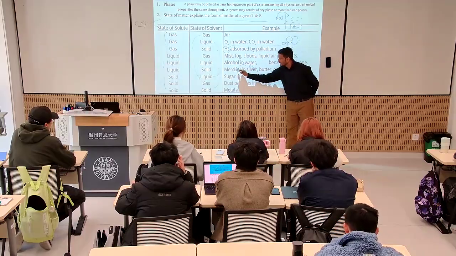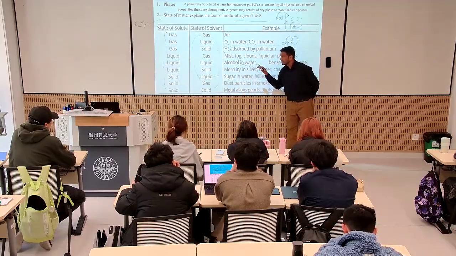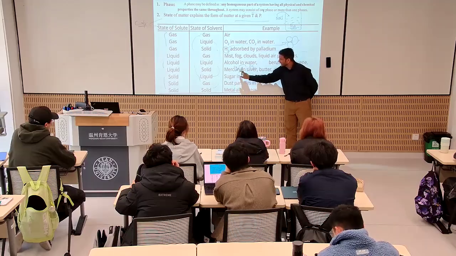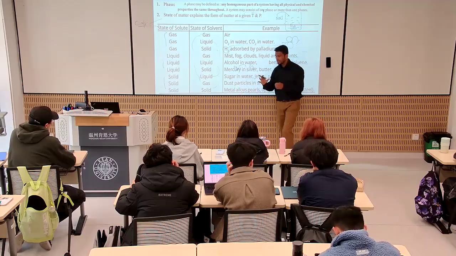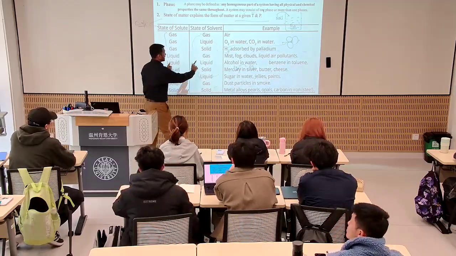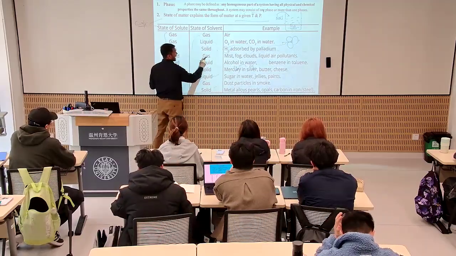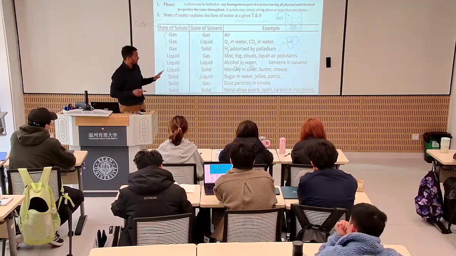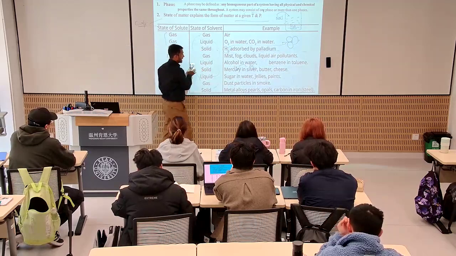Mercury is liquid and dissolves in silver metal, then it forms an alloy. In this alloy, after mixing, the solution is solid. It doesn't mean that if the solvent is gas, the solution is gas. It depends upon the situation. I will discuss that in the next one.